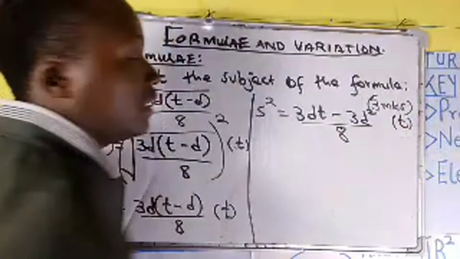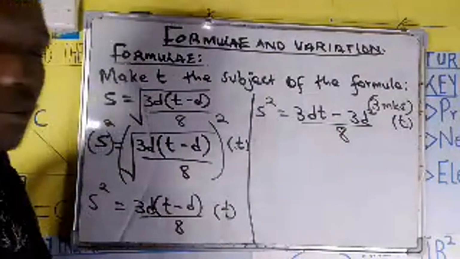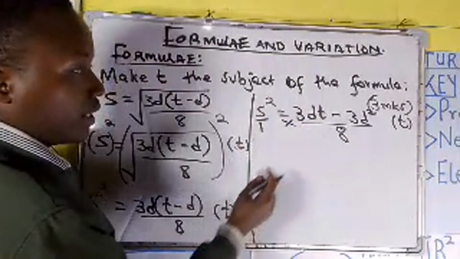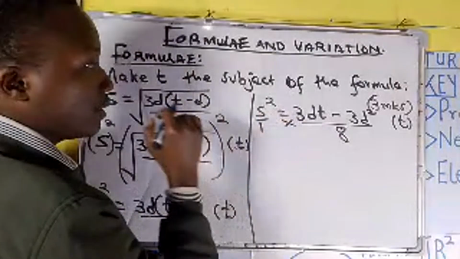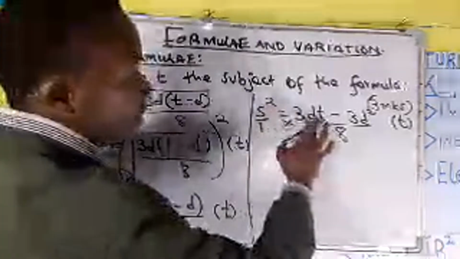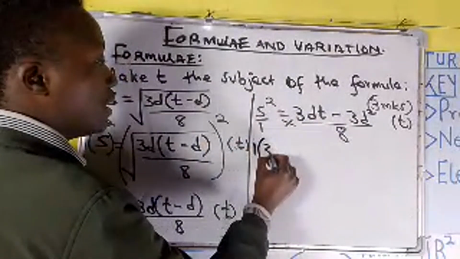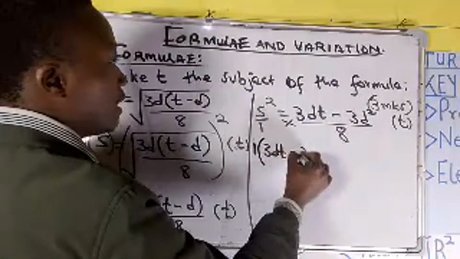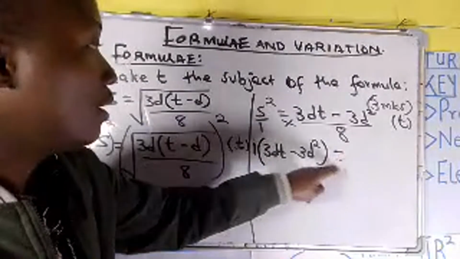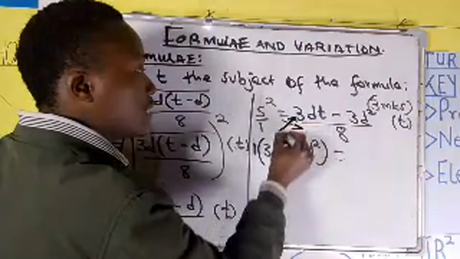We are supposed to make t the subject of the formula. So we say over 1, then we cross multiply. Let us start with the one with t. So 1 times 3dt minus 3d squared is equal to 8 times s squared. Remember, when we cross multiply, it is this times this is equal to this times this.